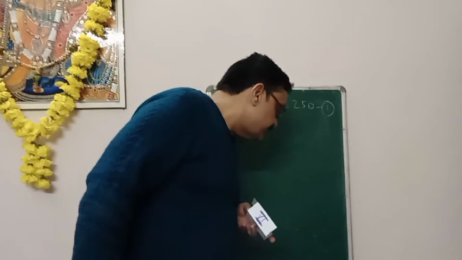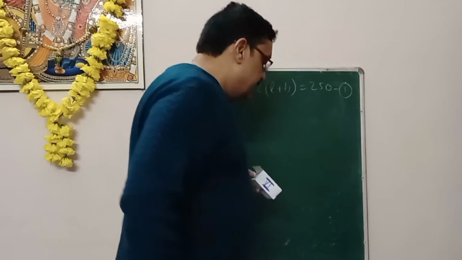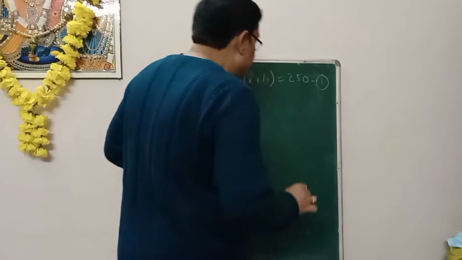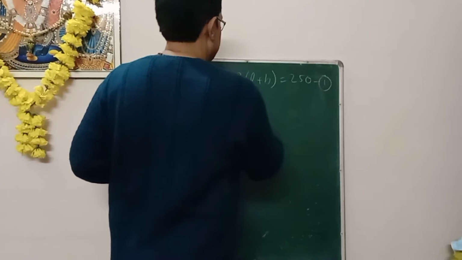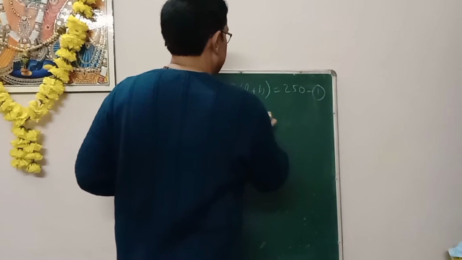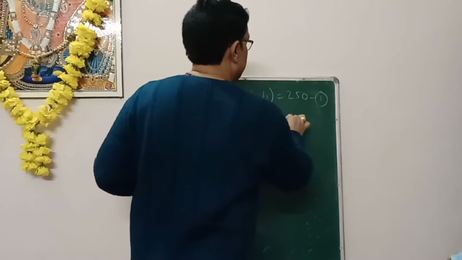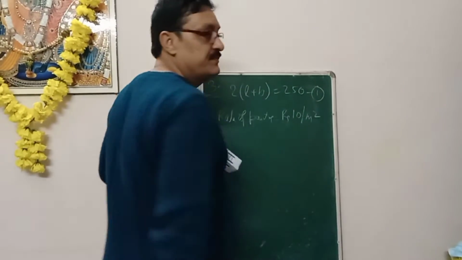Now another thing which is given is the rate at which these walls are getting painted. Rate of painting is given as rupees 10 per square meter.